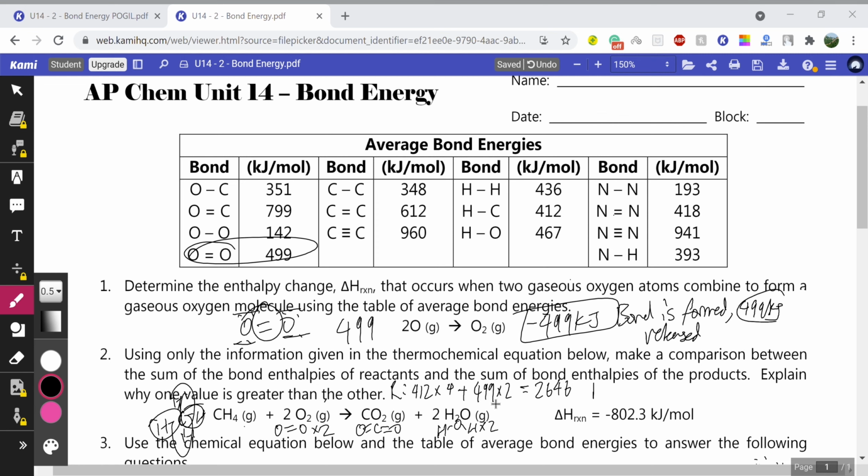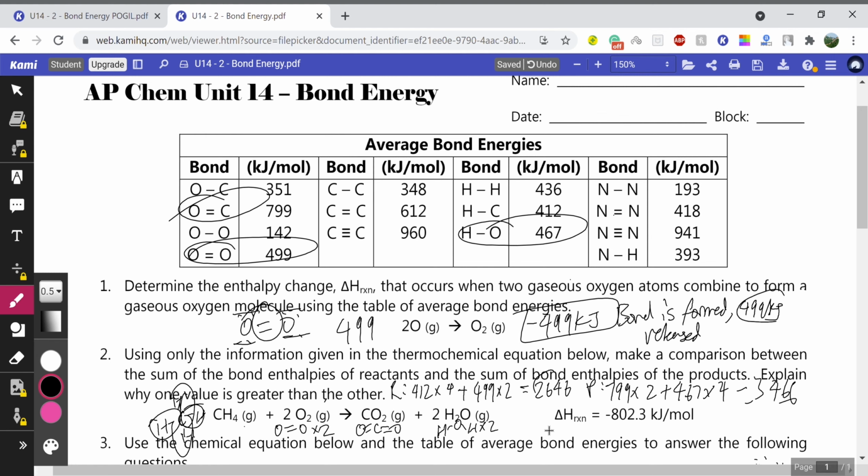Our products have CO2, which is two double C-O bonds, so 799 times 2, plus O-H bonds times 4 because there are 2 in each H2O. So O-H is 467 times 4, which gives 799 times 2 plus 467 times 4, which is 3466.